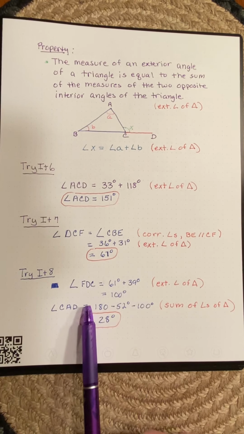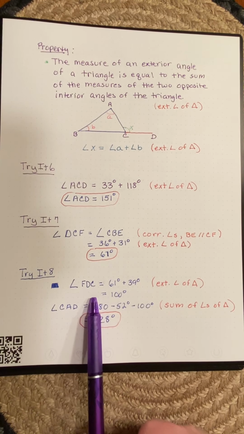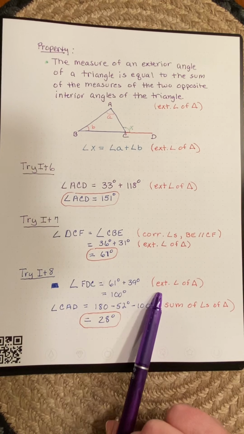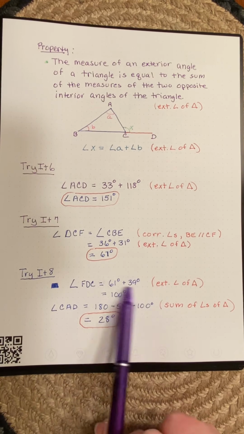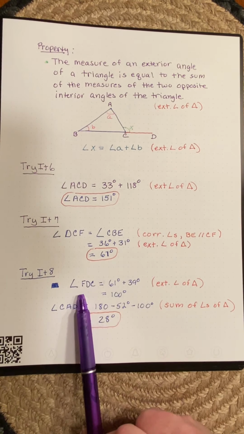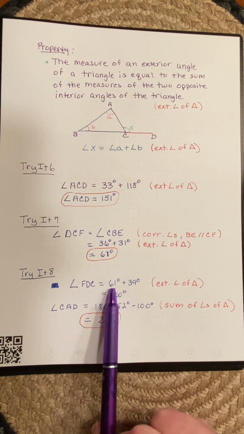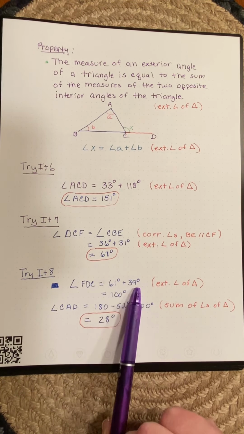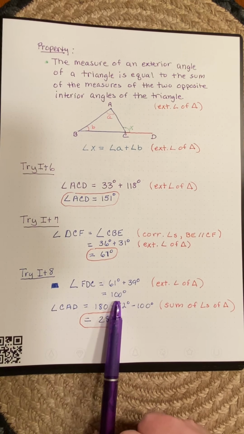Angle FDC is the exterior angle of a triangle, FDC. I'm kind of getting mixed up. Yep, FDC, I was looking wrong. So that is the exterior angle of that tiniest triangle. So we just add the two angles given, 61 and 39, which is 100.